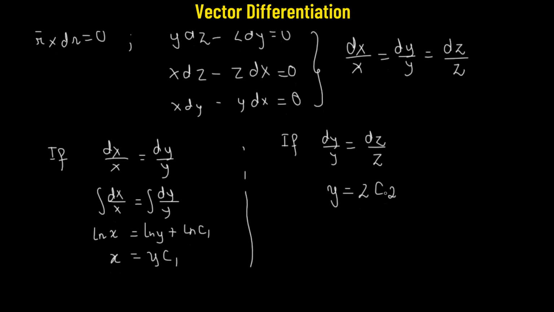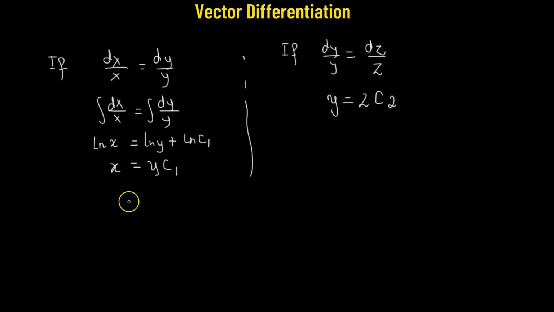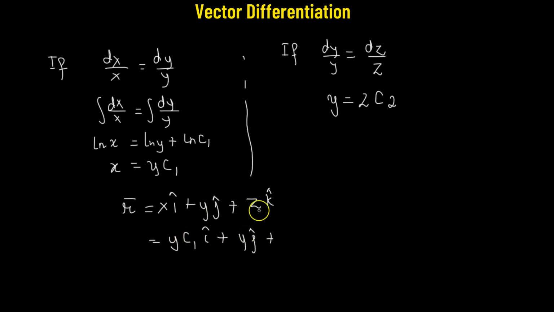Fine. So that means we started out with r vector, which is x i cap plus y j cap plus z k cap. So x will be replaced with y c1. So we have y times c1 i cap plus y j cap plus z.